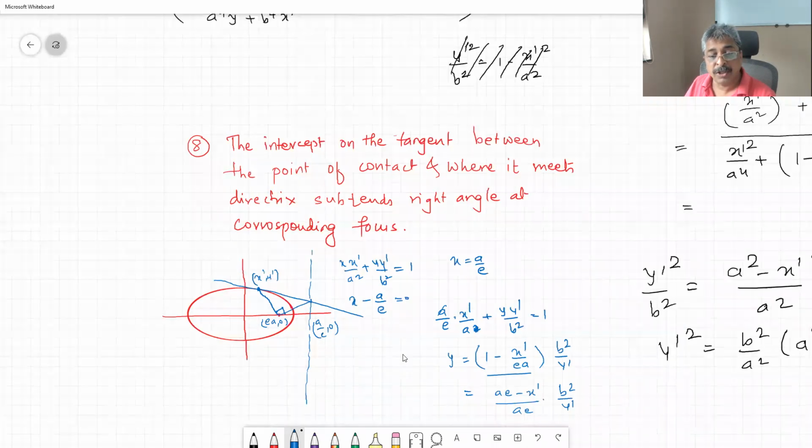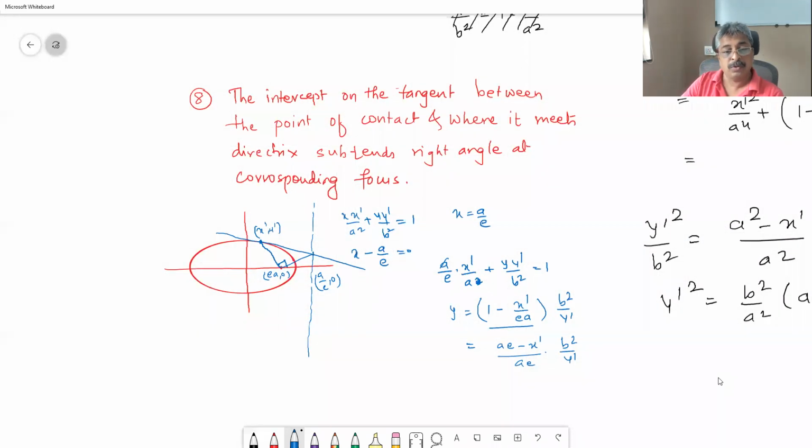Well, this is the y coordinate. Now slope of this line. This point is a over e comma a minus x dash upon a into b square upon y dash.